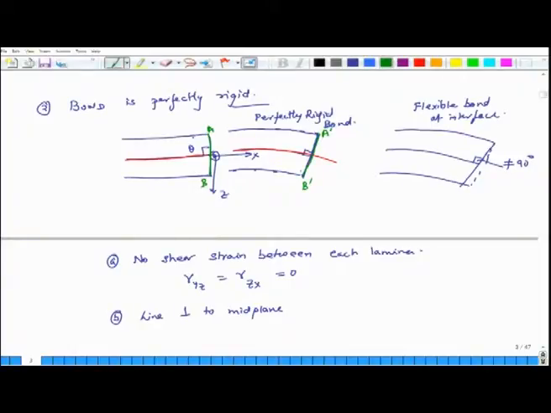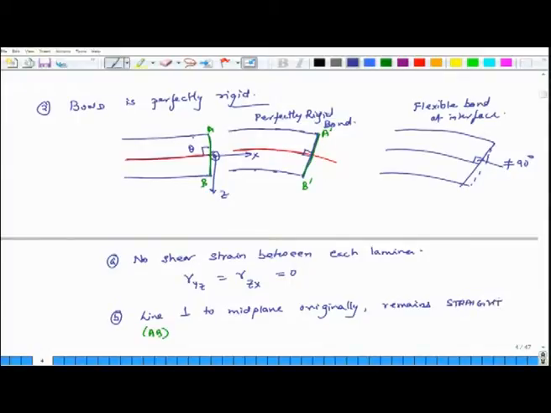So, which line are we talking about? We are talking about line AB. So, the line which was perpendicular to the mid plane originally, this also remains straight.